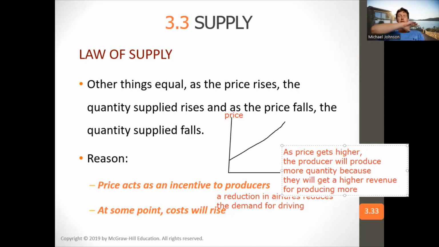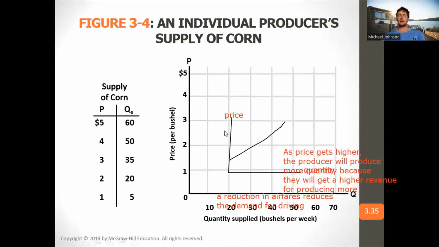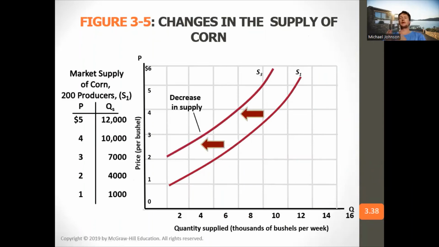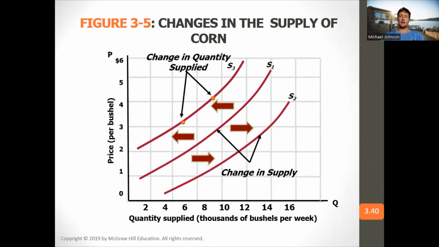As they produce more and more, they get a higher revenue. So that's why they keep producing. It's an incentive. So as we said, people respond to incentives. So in this case, price goes up, they produce more. So then a decrease in supply would shift to the left, an increase in supply would shift to the right.